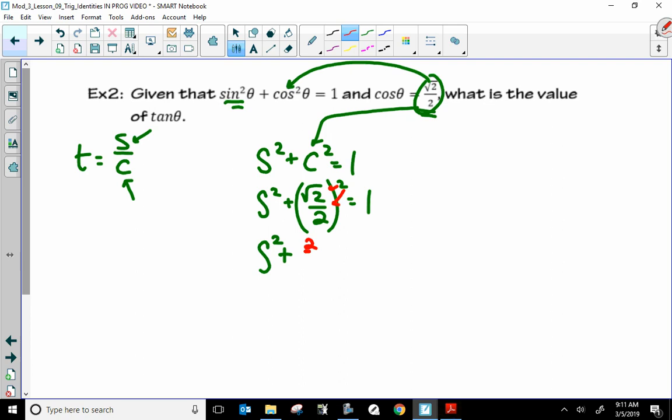That's 2 over 4 equals 1. Okay. So now I got sine squared. This is the same thing as a half. Okay, 2/4 is a half. If I subtract a half from both sides, sine squared would now equal 1 minus a half, which is a half. Now I got to take the square root of both sides.